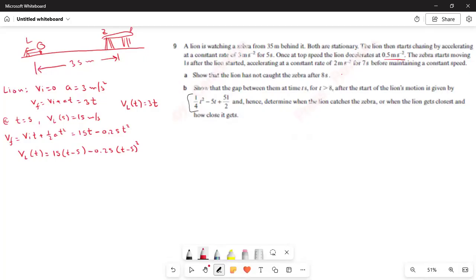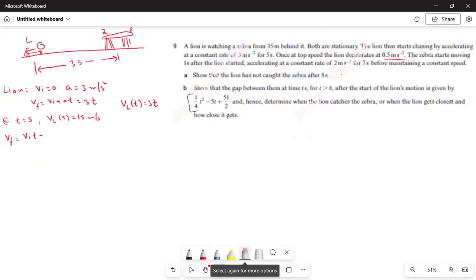Okay, no, I'm sorry. I made a big mistake. I wrote the wrong equation. Again, Vf is Vi plus at. So the initial velocity at this point is 15, and acceleration is minus 0.5 times t.